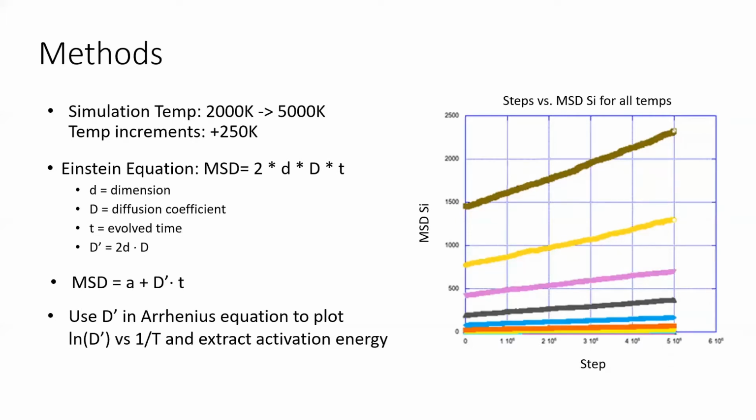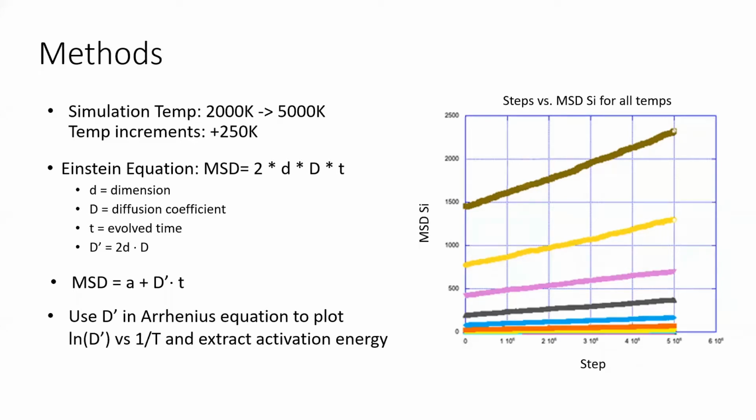I increase it with temperature increments of 250 Kelvin until I get to a final temperature of 5000 Kelvin. I'm going to be getting some data such as the mean square displacement of silicon and oxygen. The mean square displacement is essentially a measure of the deviation of the positions of particles with respect to time or steps.